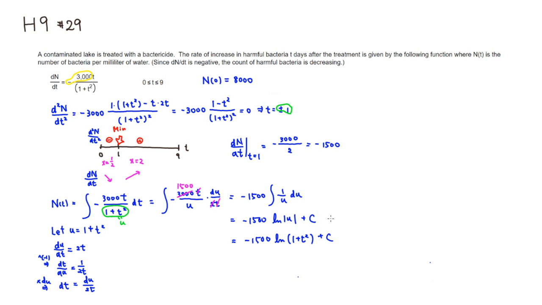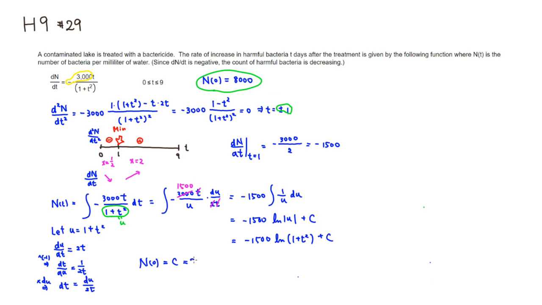Then using the initial condition up here, n of 0 is 8000. So use that to find this c here. So n of 0 is equal to, you can see that the natural log of 1 plus 0, so natural log of 1, is actually 0, so you're just going to get c.